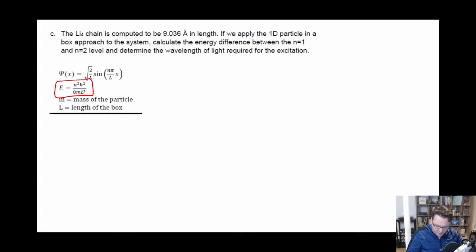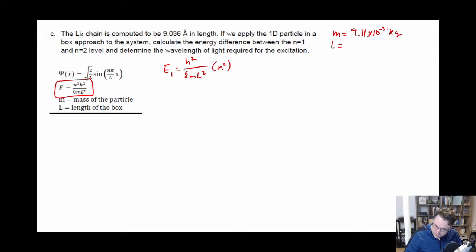So the first step is to calculate what the energies are for the two of them. So E1 is going to be equal to h squared over 8mL squared times n squared, right? In this case, m, we're talking about an electron, so that is 9.11 times 10 to the negative 31 kilograms.